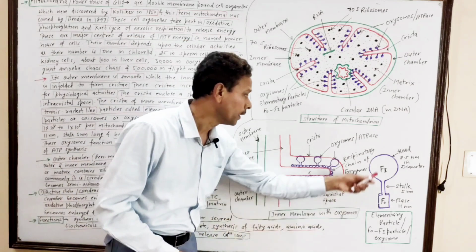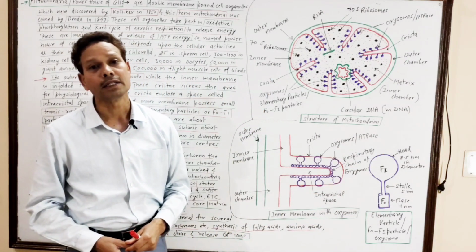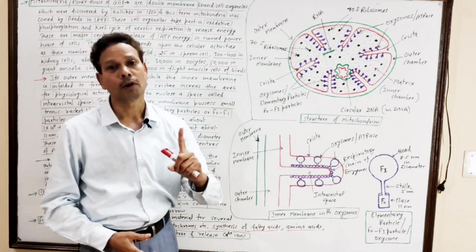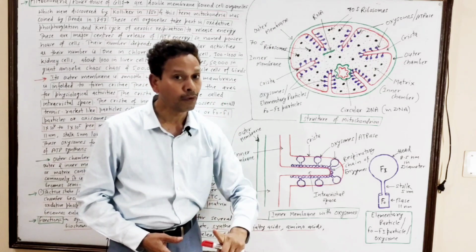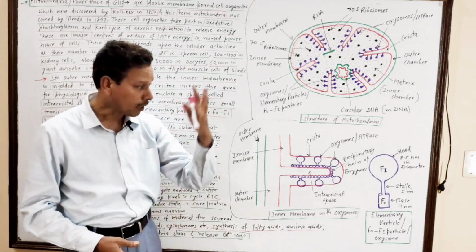For the synthesis of ATP, these elementary particles, F0, F1 particles, number about 1 into 10 to the power 4 to 1 into 10 to the power 5 per mitochondria.